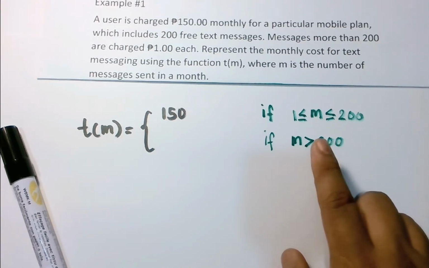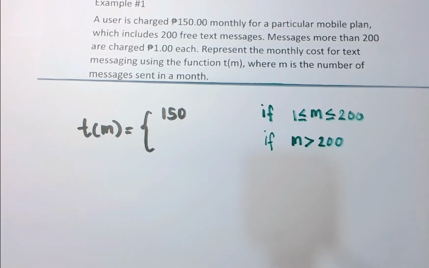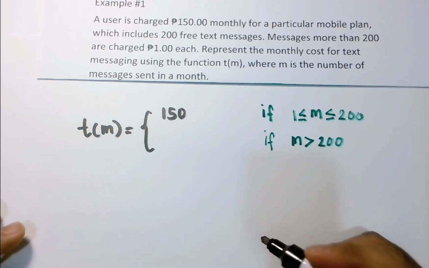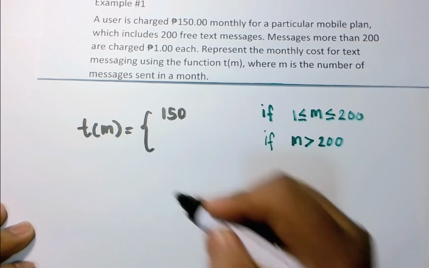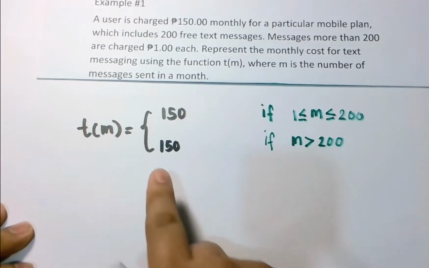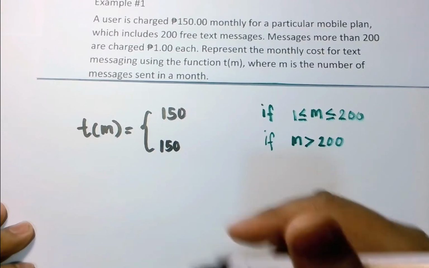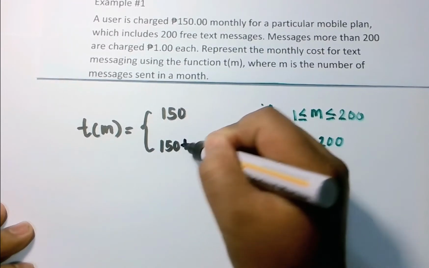So, kung ganun ang magiging number of messages na masesend ni user sa isang buwan, so magkakaroon siya ng additional charge na 1 peso sa bawat text. So, therefore, kailangan pa rin niya magbayad ng 150. Kasi yung 150 na yon, that is for the first 200 text messages. Pero magkakaroon siya ng additional charge.